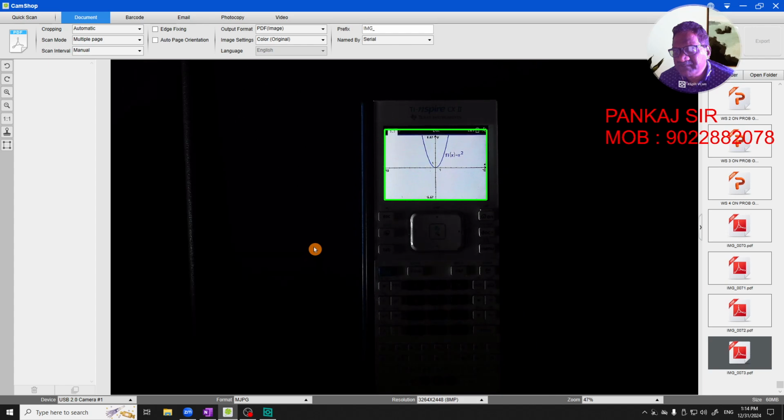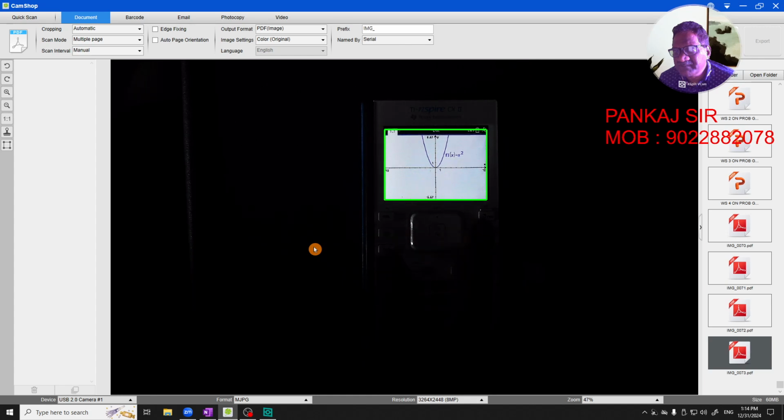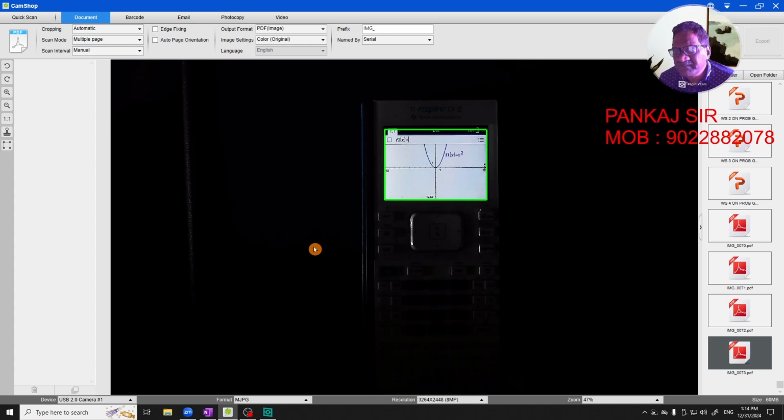So this is the graph of y is equal to x square, and on the same graph I'll be making a graph of y is equal to x plus 2 the whole square. So open parenthesis x plus 2, close parenthesis raised to 2.